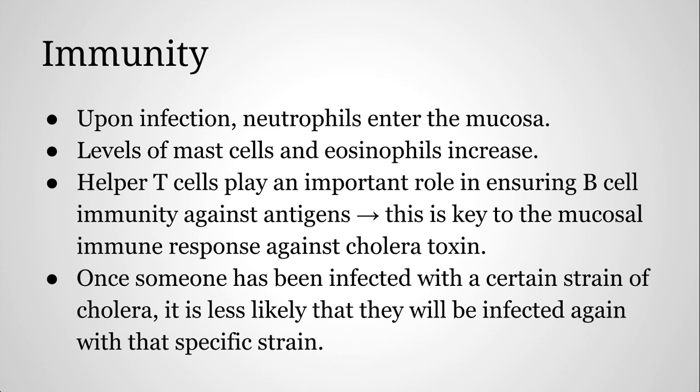So cholera strains O1 and O139 release a toxin that attaches to intestinal walls and causes excess fluid to be secreted into the intestine. And this is what causes the rice water diarrhea, and that is in a little more depth.